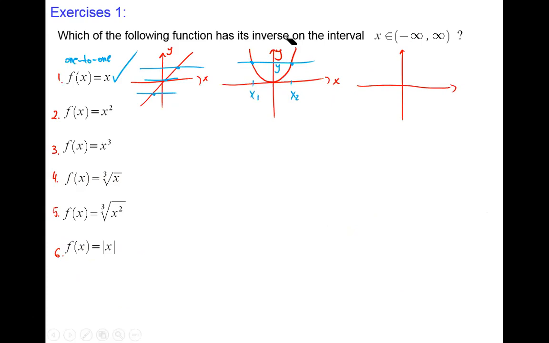Okay? One of the ways is to restrict the domain. Instead of taking the entire function, let's just take the part of x squared that is defined on the interval from 0 to infinity. We can see only that part.